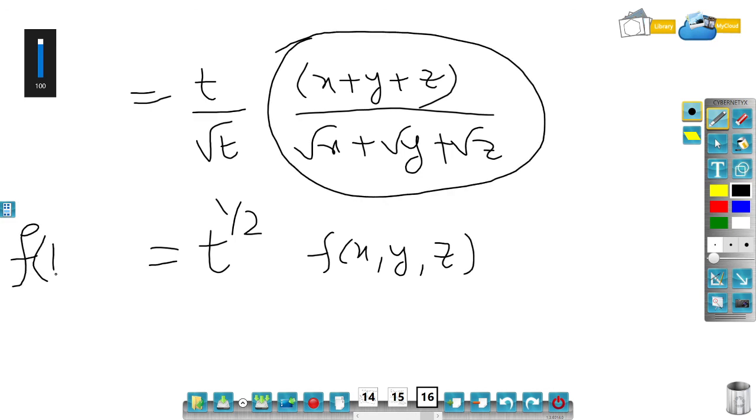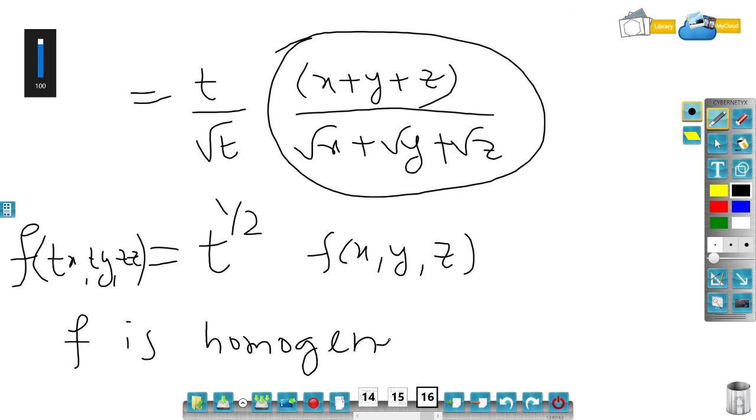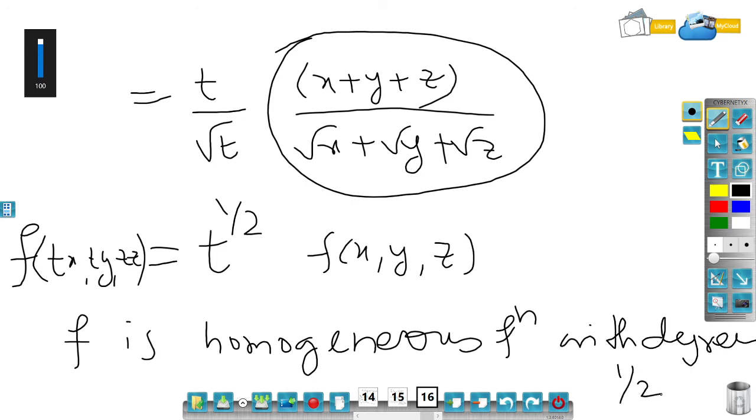f of x comma y comma z, because this is my f of x comma y comma z. So I got f of tx comma ty comma tz as t raised to half f of x comma y comma z. So f is a homogeneous function with degree half, right?